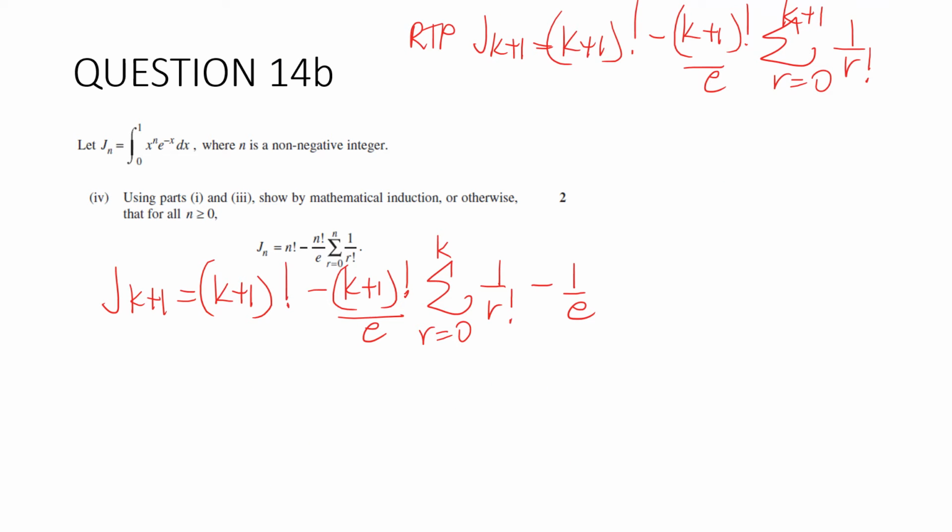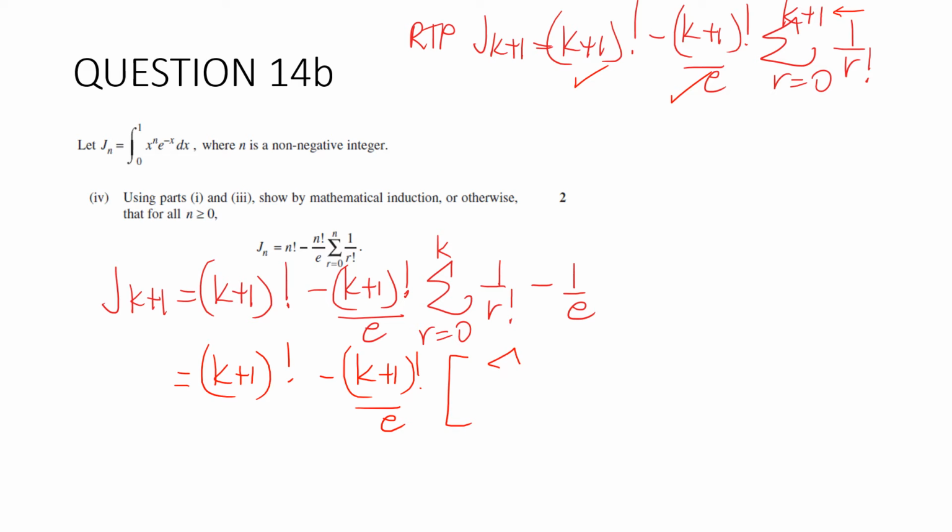So let's have a look at what we've got. We've got the (k+1)! minus (k+1)!/e. What we don't have is this upper limit of k+1. So what I'm going to do is make it, and then subtract and adjust. So minus (k+1)!/e.